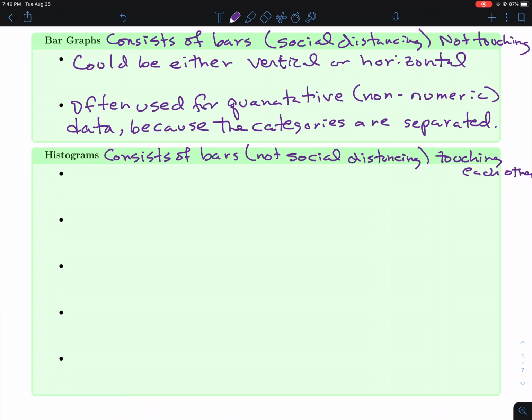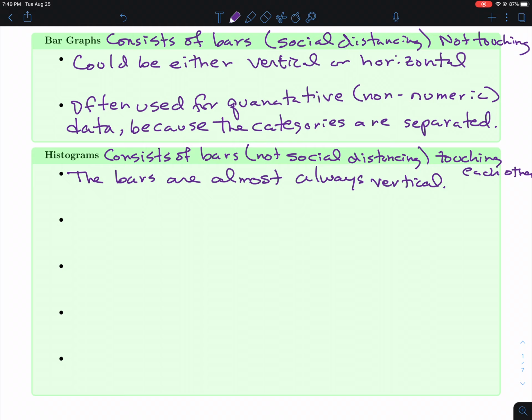Typically, about 99% of the time, and for our class, 100% of the time, the bars are always going to be vertical for histograms. The bars are almost always vertical. For us, they will always be vertical, but occasionally you can have horizontal histograms.